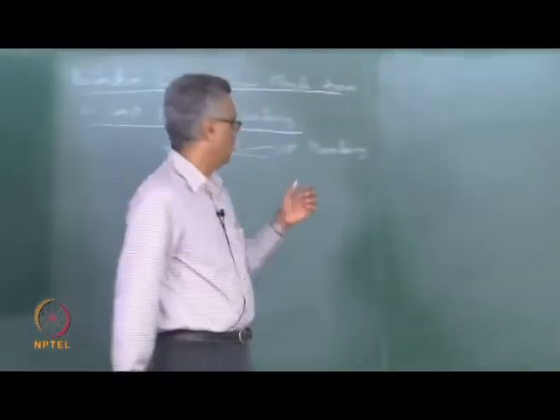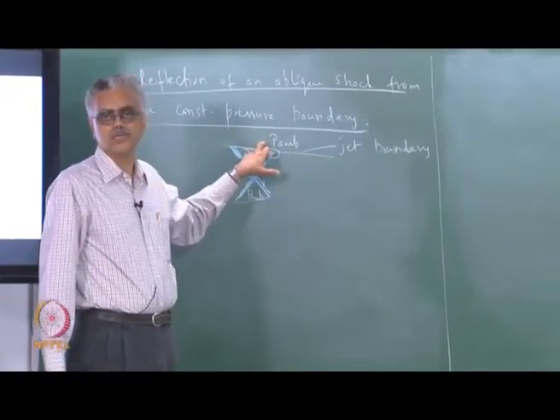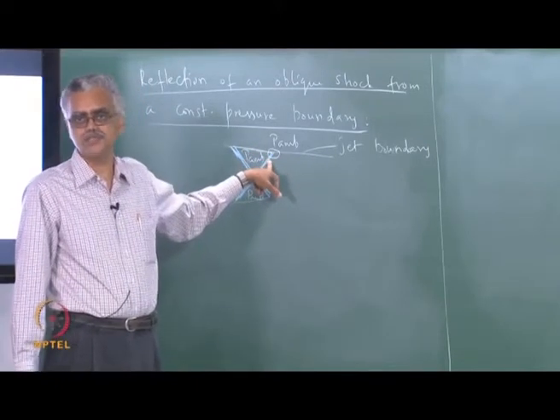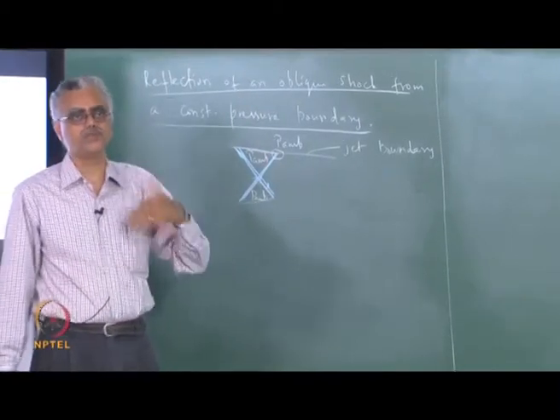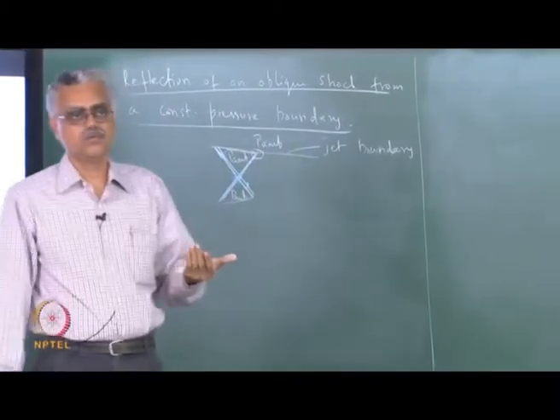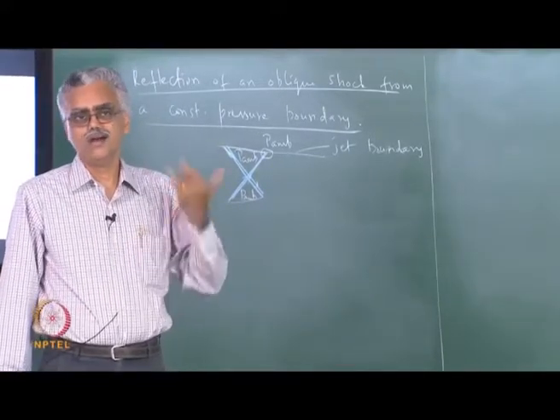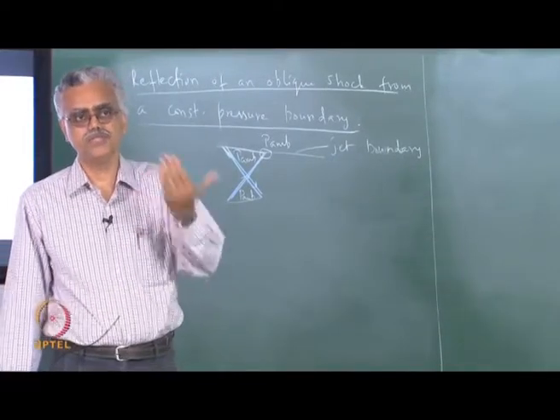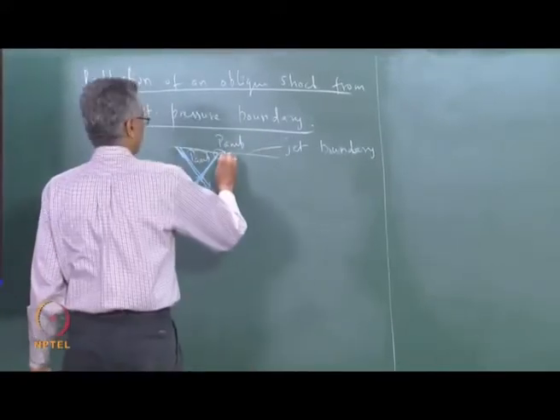However, the point of impingement now is on a boundary which is exposed to the ambient pressure, which means the pressure there always has to be the same as the ambient pressure. So the increase in pressure must immediately be relieved by an expansion fan. So, an oblique shock, when it impinges upon a constant pressure boundary, is reflected as an expansion fan.